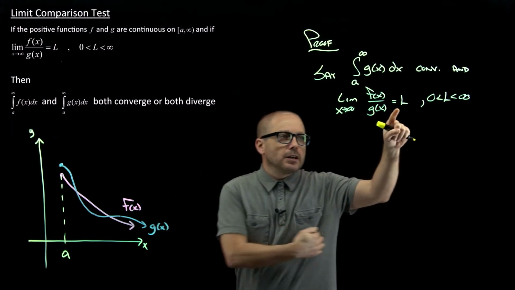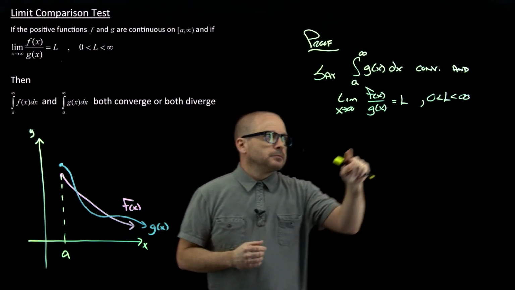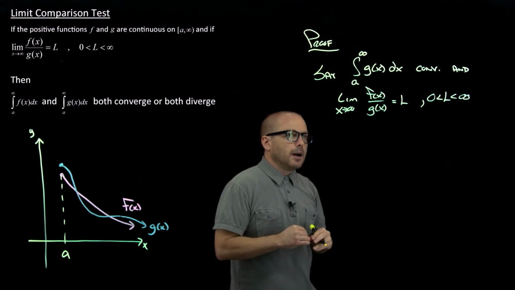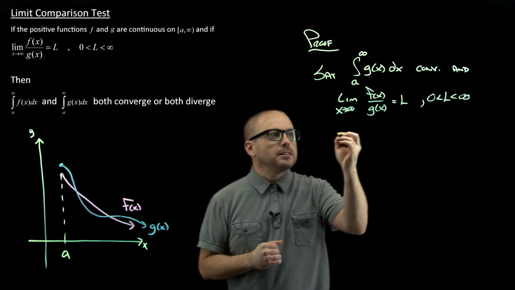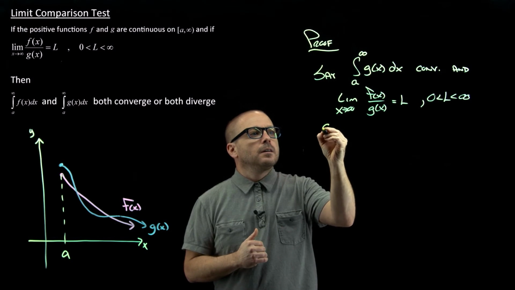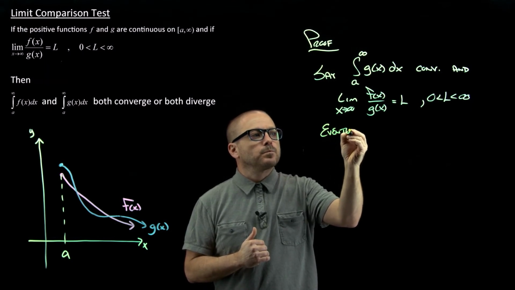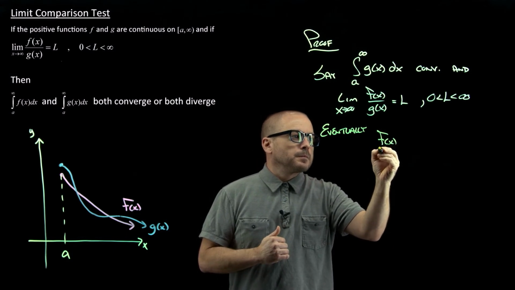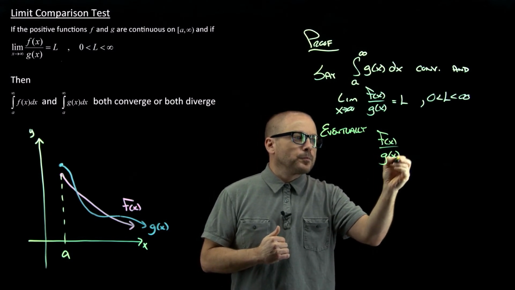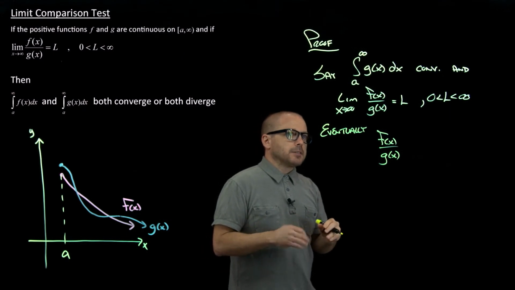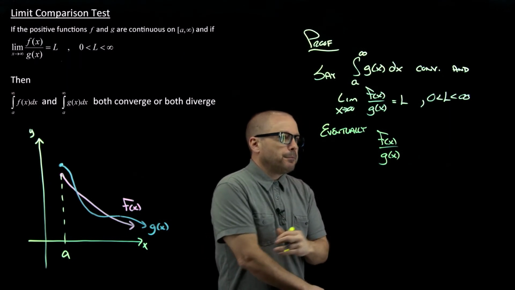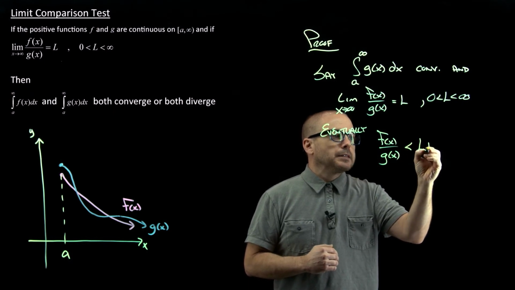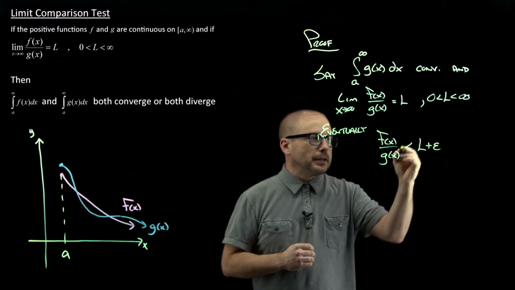So if this is eventually approaching L, it's getting closer and closer and closer to L. That means eventually that ratio has to be less than L plus a little bit, right?